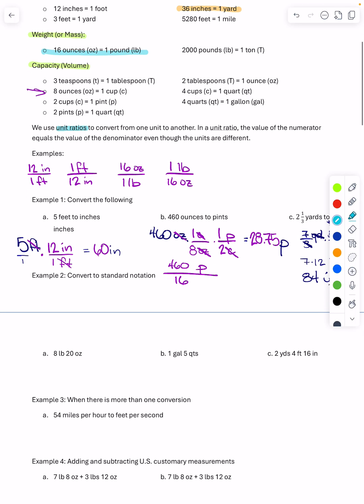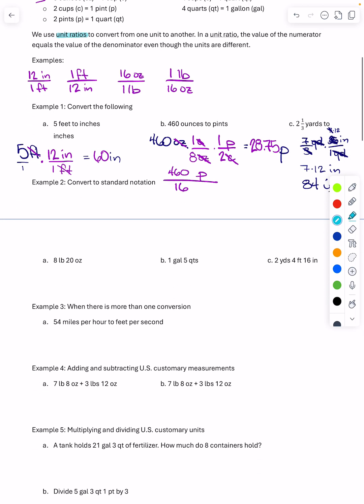So 20 ounces is more than a pound. So I am going to convert. I still have this 8 pounds, but this 20 ounces, it's 8 pounds and 20 ounces, which we can write as a plus. That is 1 pound and 4 ounces, right? 16 ounces. We'll take that away from 20. We're left with 4. Now I can combine pounds. I get 9 pounds, 4 ounces.